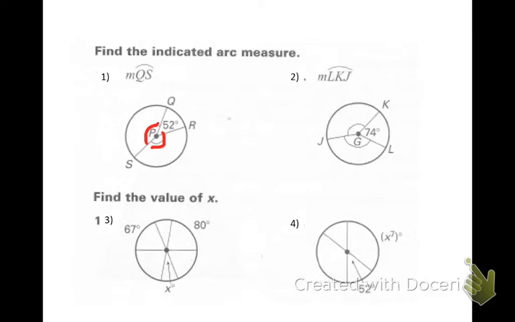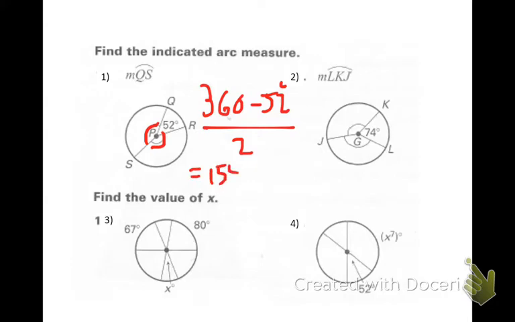We take 360 minus 52. That's what's left of the circle, and then the circle's divided in half, so we divide that by 2. So that's going to be 308 divided by 2. That's 154. So QS would be 154.